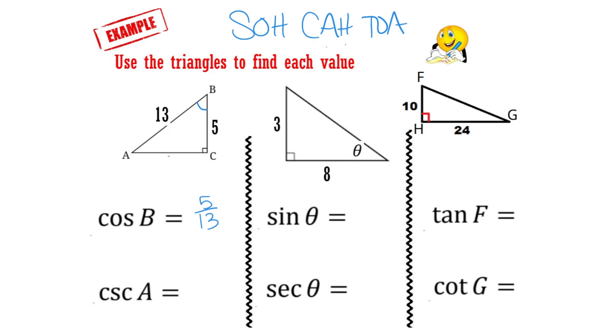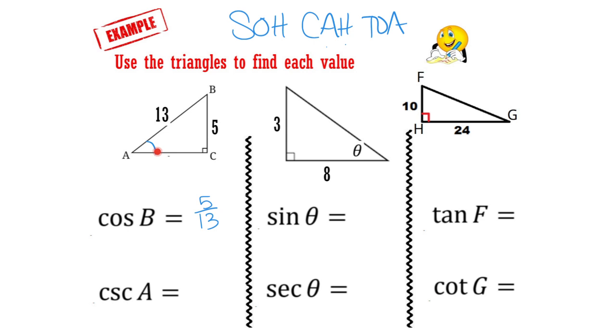Okay, let's try cosecant of A. Now we're switching what angle we're using. We're not using angle B anymore; we are now using angle A. Cosecant matches with sine. Sine is opposite over hypotenuse, so cosecant is hypotenuse over opposite.